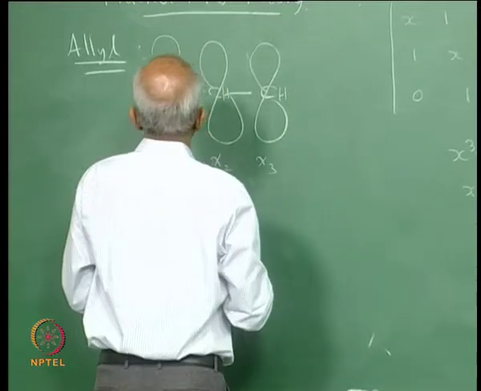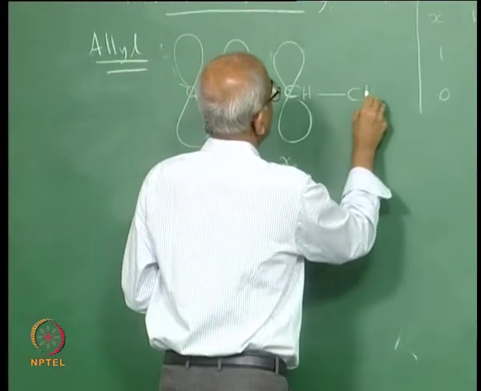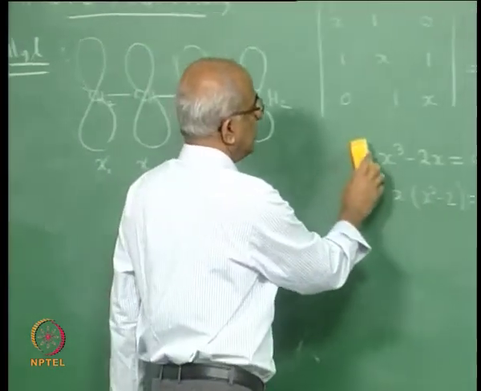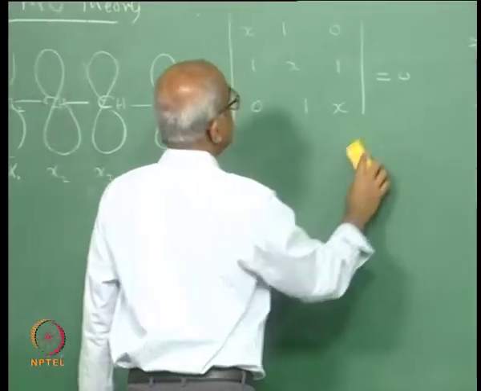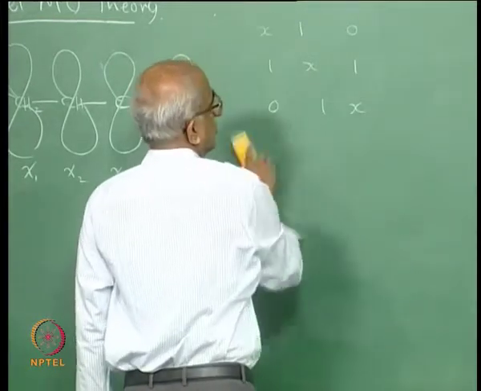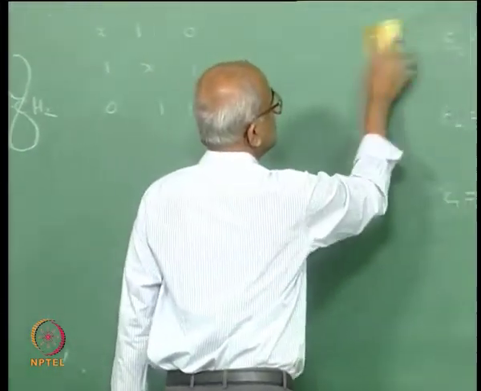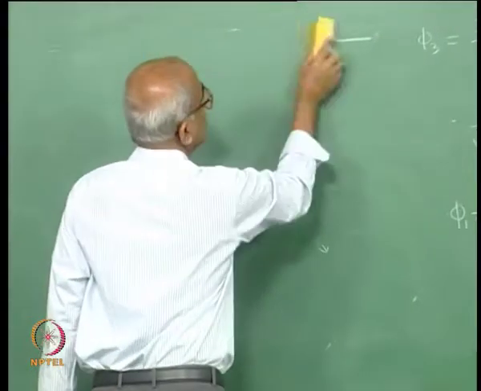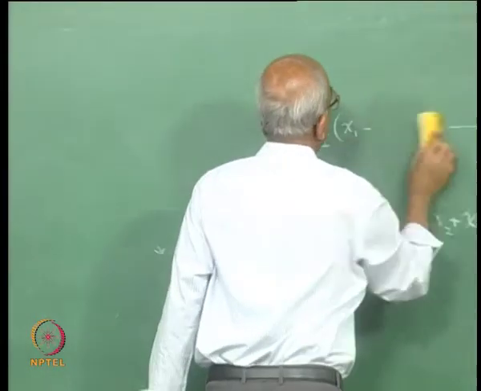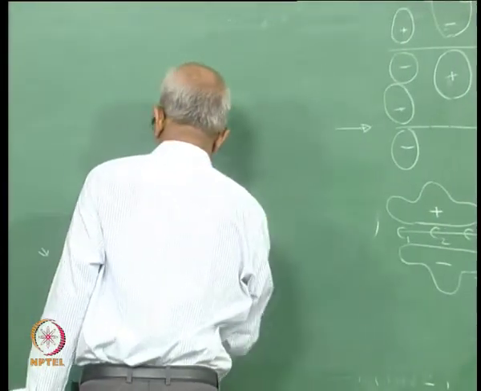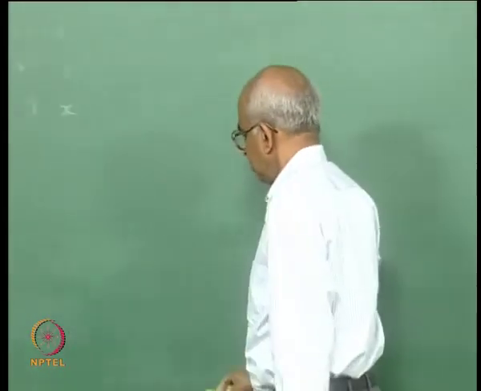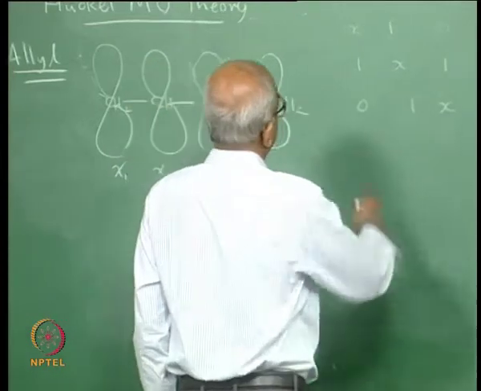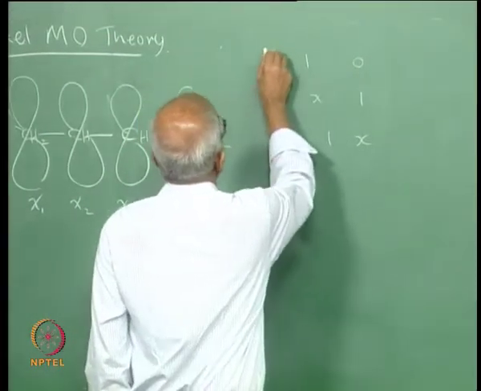All that happens is you have one more carbon, and so the Huckel matrix, I will just continue here, would have the form.